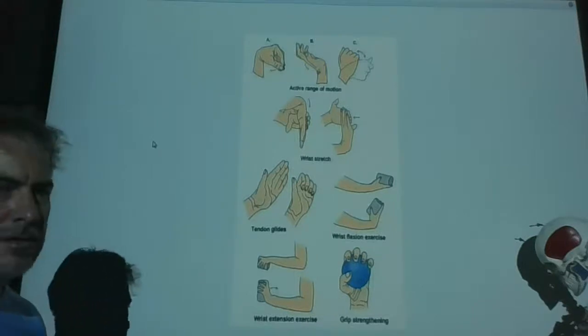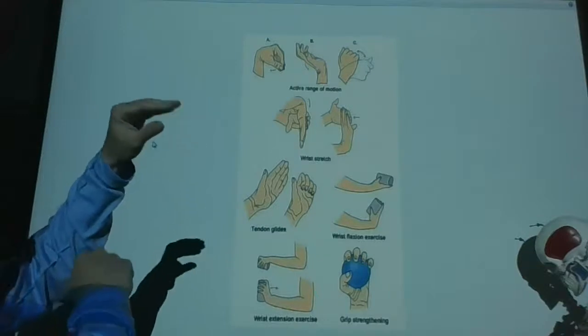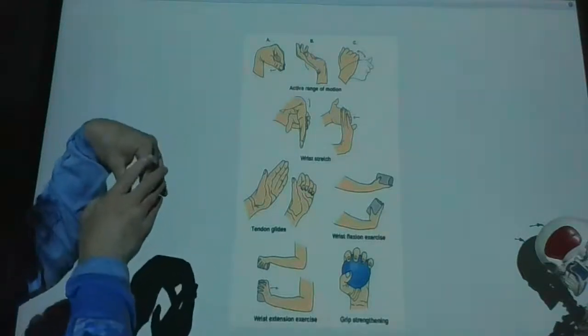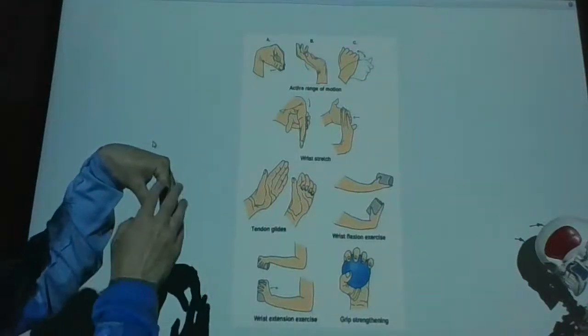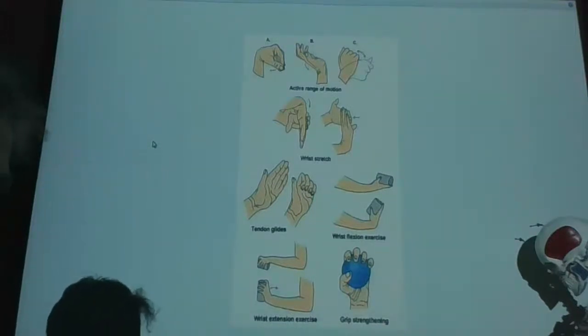So A, what group of muscles would I be stretching as I flex? If I flex my wrist, I'm going to be stretching the extensors. Who are the extensors? Extensor digitorum, extensor carpi radialis, extensor carpi ulnaris.